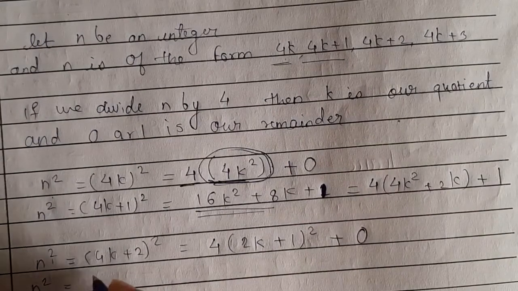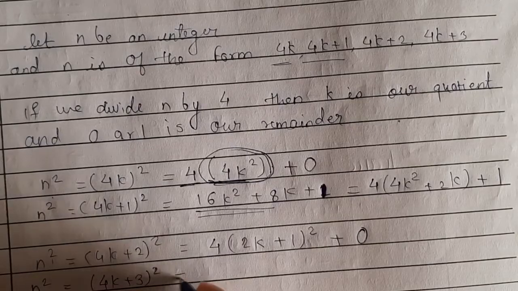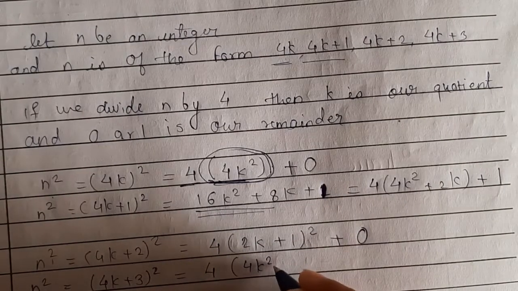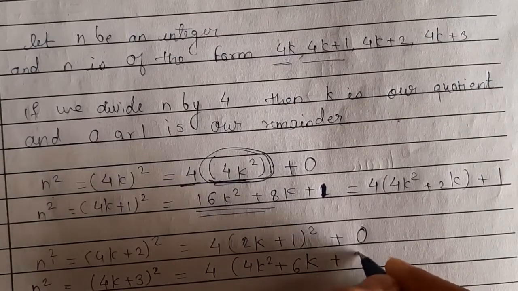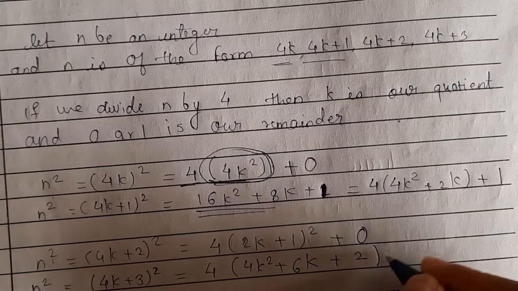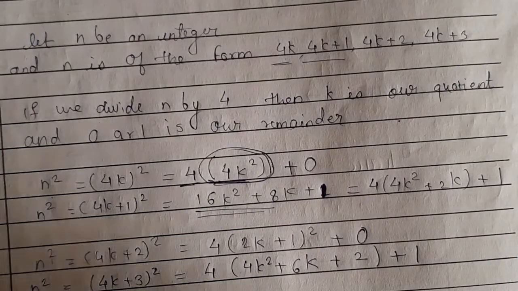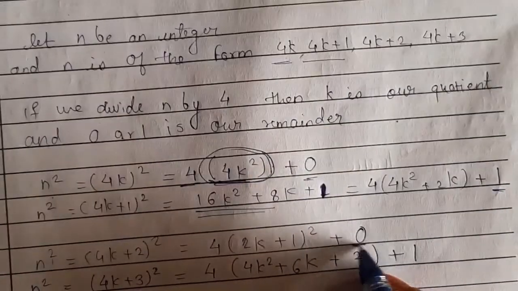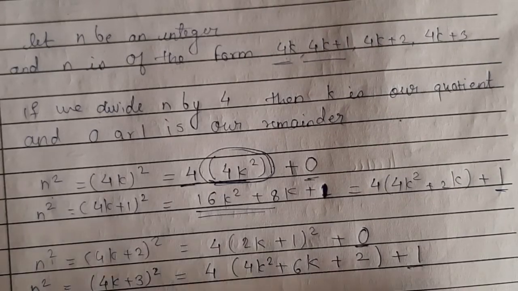And n square is equal to (4k plus 3) square, which is equal to 4 times (4k square plus 6k plus 2) plus 1. If you see here, the remainder which we have is 0 or 1.